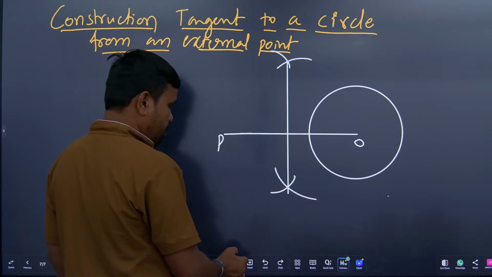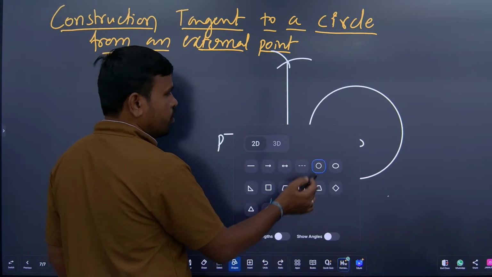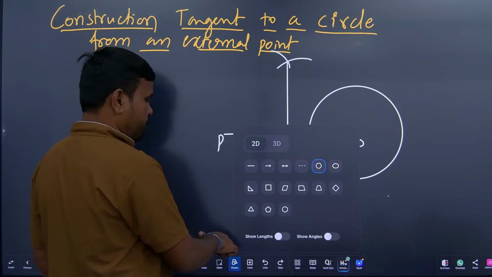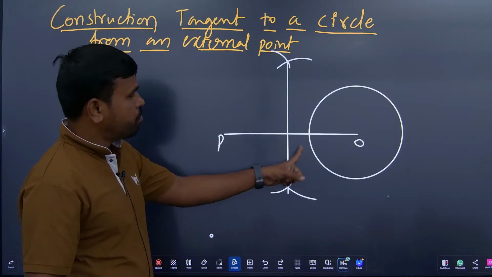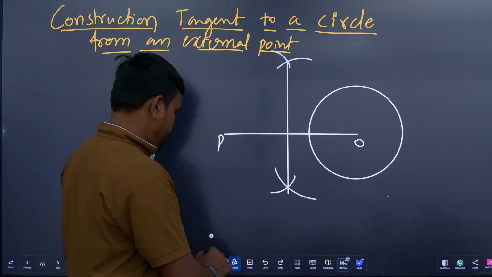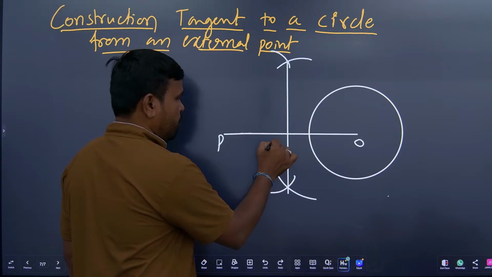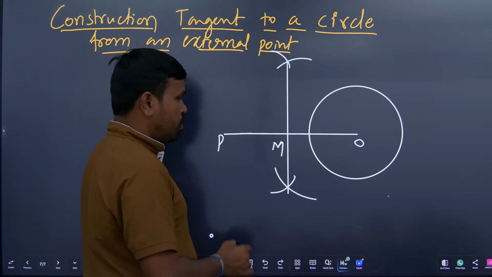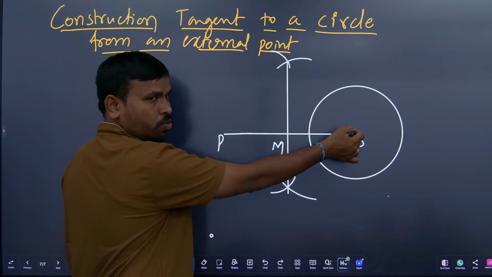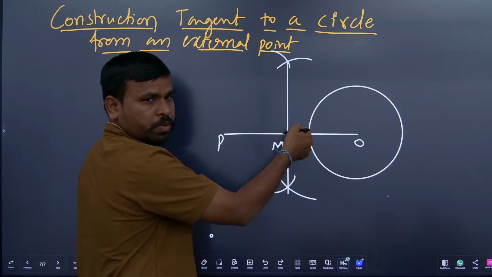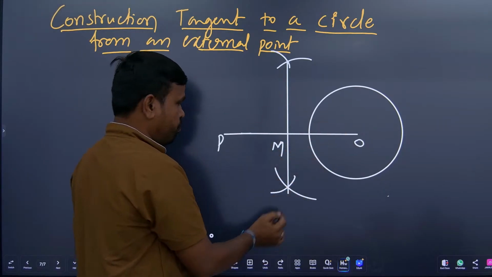Draw a circle. Let this point be M. Here PM is equal to OM.